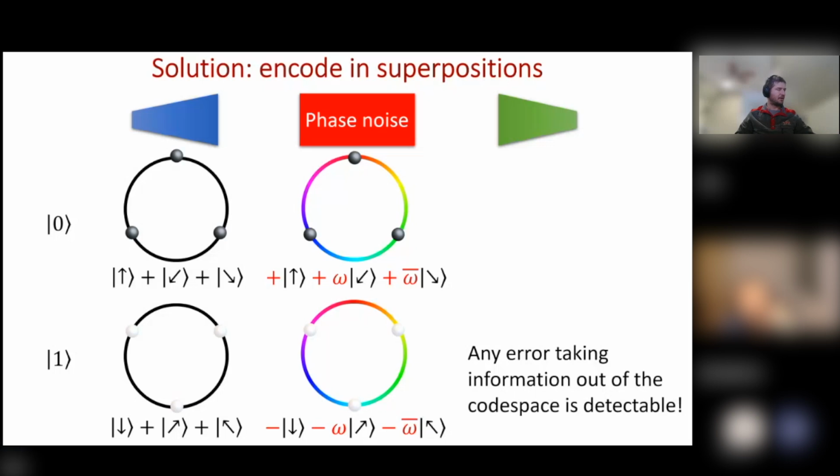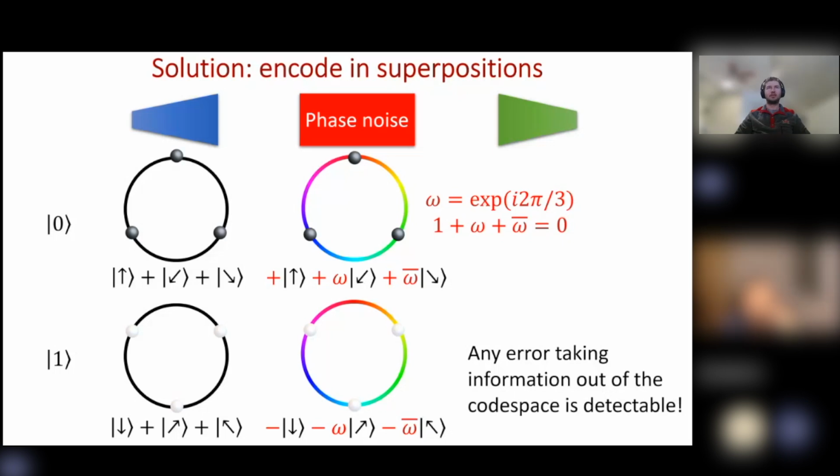Anyone? Yes, because of cube root of unity math. When you take the inner products here, all the arrows are orthogonal unless they're the same arrow. And when that happens, you're going to get this equation, 1 plus omega bar.